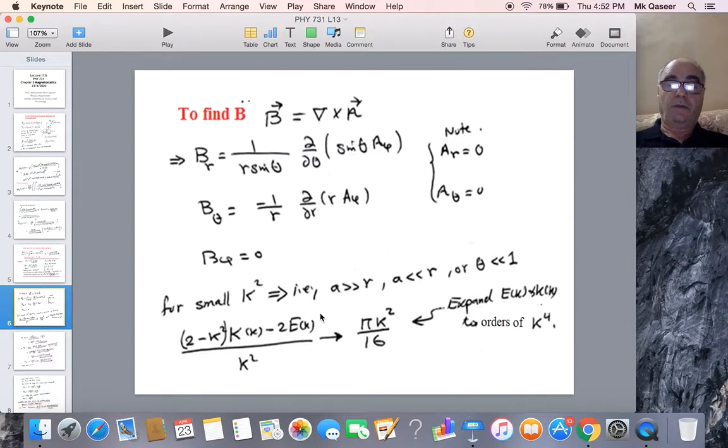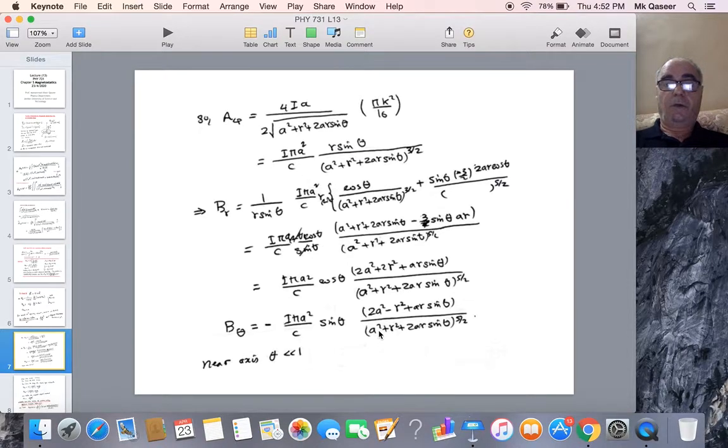So we have k in the numerator to the power 4, and in the denominator to the power 2, we are left with k squared. This is A phi, and this is the approximation I did in the previous slide. We have just taken the derivative to write B sub r and B sub theta.